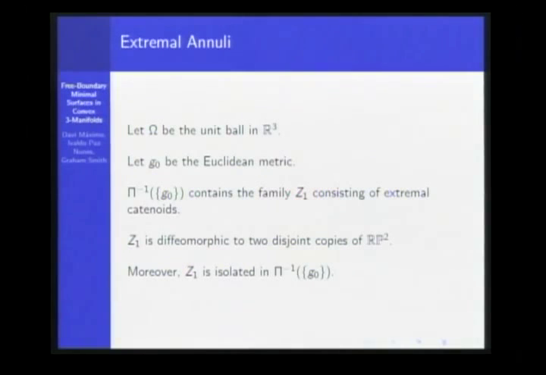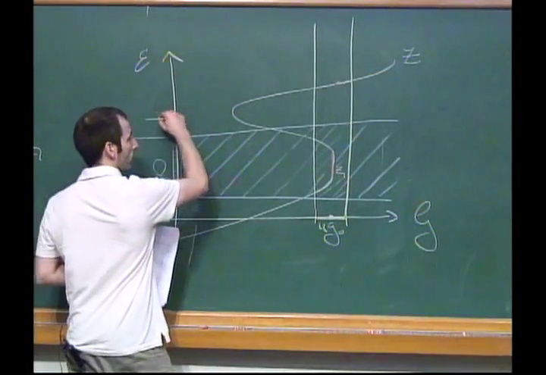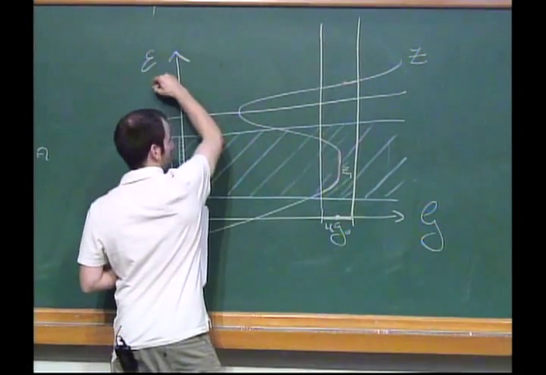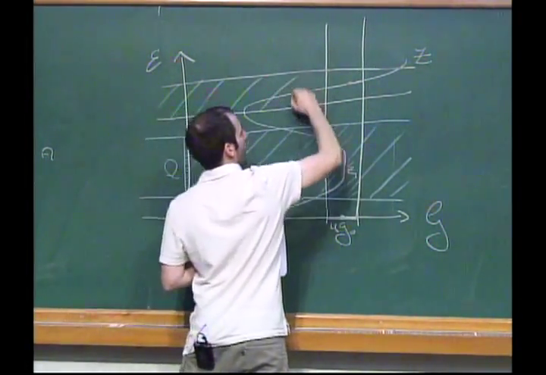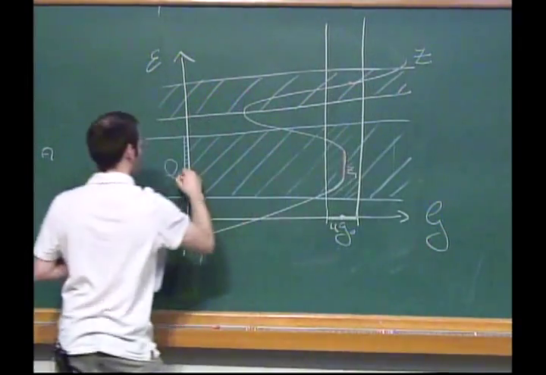I think. Anyway, second interesting property is that Z1 is isolated inside the solution space. This is also a property of non-degeneracy. So what we can do is imagine that this red set here is Z1, and we imagine this is everything else. And we let omega 1 be a neighborhood of Z1.